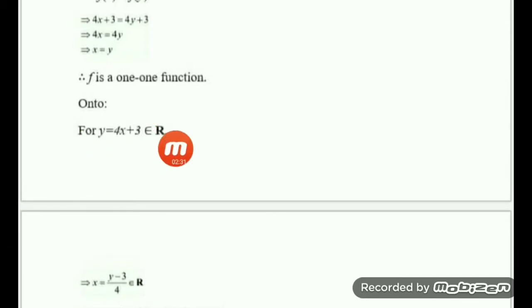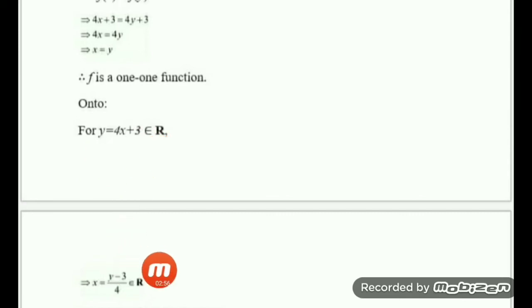Now this y is an element in the codomain. From here, you have to find the value of x and check whether that x is a real number or not. So for x, let us bring 3 to the left side, it becomes y minus 3, and the right hand side is 4x. Bringing 4 to the left side, (y minus 3) by 4 will be the value of x.